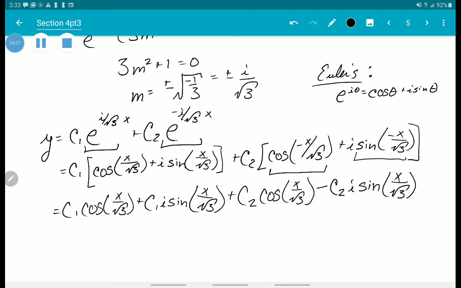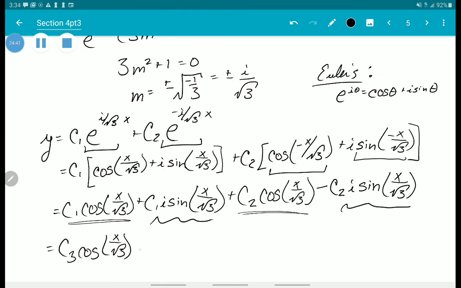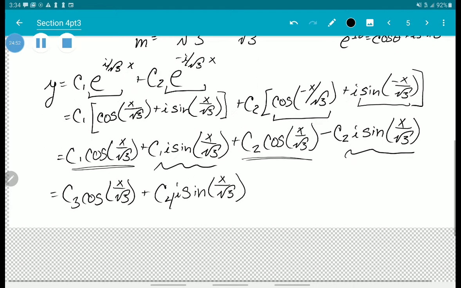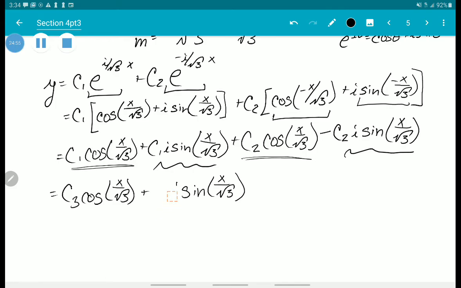And then we want to combine like terms. We can put those cosines together. That's going to create a new constant, I'll call it C3. And then if we put the sine terms together, it's going to create a new constant called C4. And in fact, if we wanted to, we could say C3 and C4 are complex.